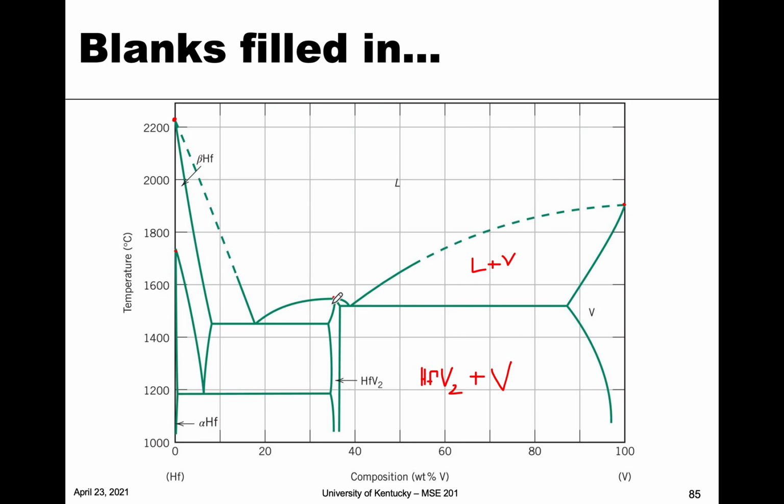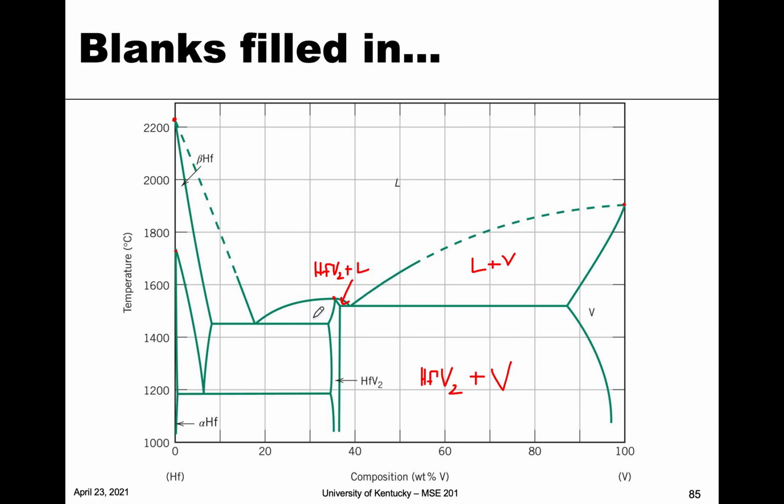And then if we keep going, you see this small phase is unlabeled as well. So I'll probably just have to do an arrow here, right? And everything around that is this hafnium and then the liquid, right? So we have, and then plus liquid.